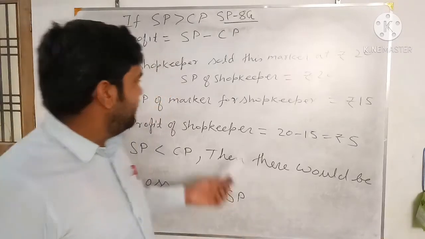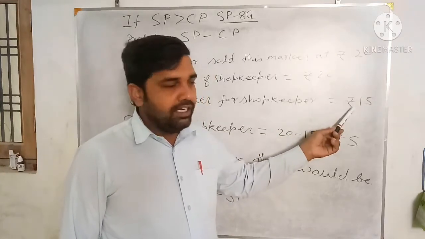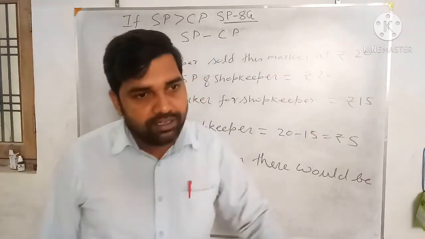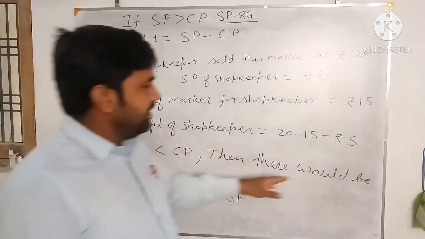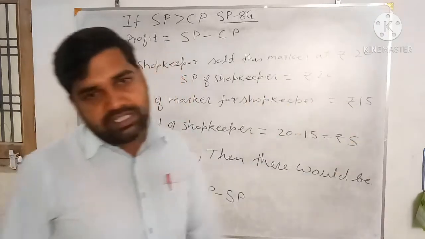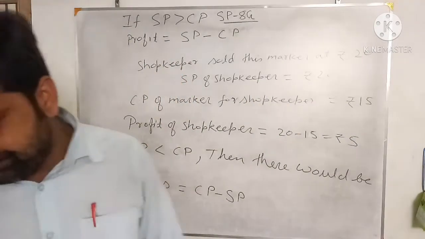Suppose in this case a shopkeeper purchased the marker at rupees 15, and if he sold the marker at rupees 10, then there would be a loss to the shopkeeper. He is purchasing at rupees 15 and selling at rupees 10, so there will be a loss. So loss is equals to CP minus SP.